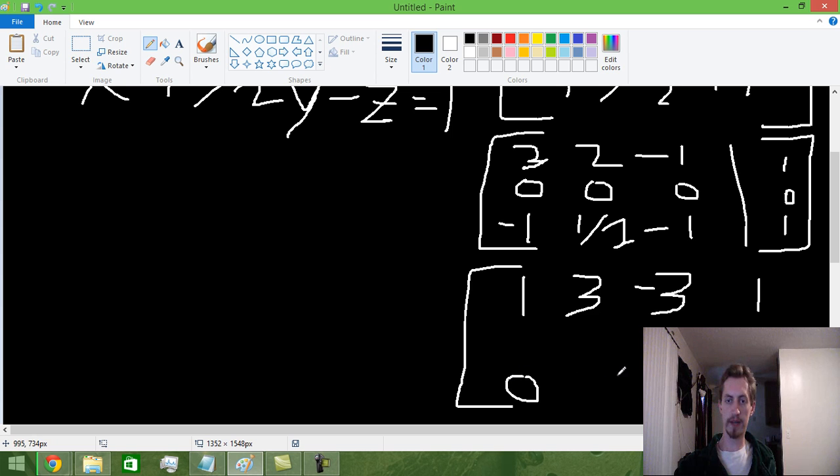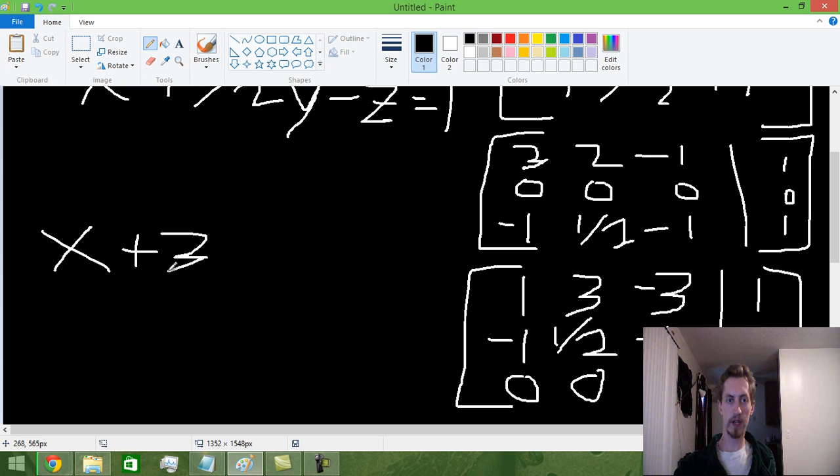I'm just going to put the zeros on the bottom, because it doesn't matter what order you have the equations in. Now we've got minus 1, 1/2, minus 1, and 1. So this equation here in the middle hasn't changed since the beginning, but this equation up here is now x plus 3y minus 3z.